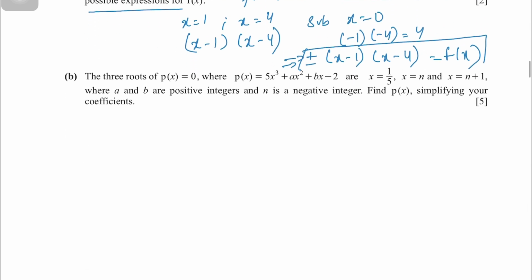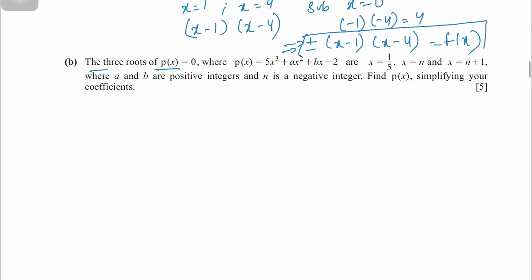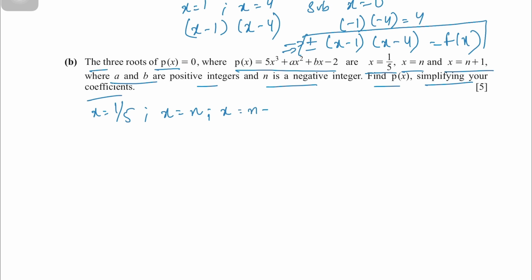Now moving on, we have the three roots of p of x equals 0: x equals this, x equals n, x equals n plus 1, where a and b are positive integers, n is a negative integer. Find p of x, simplifying your coefficients. So we have x equals 1 over 5, x equals n, x equals n plus 1, and n is a negative number.